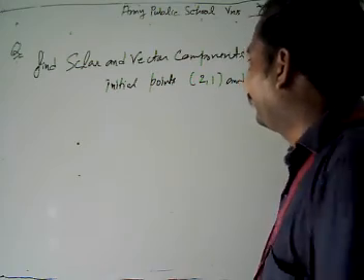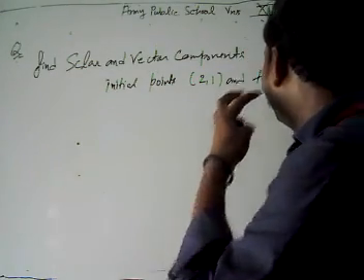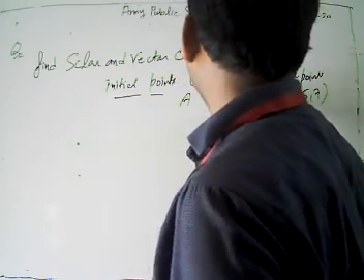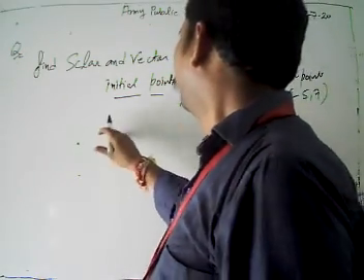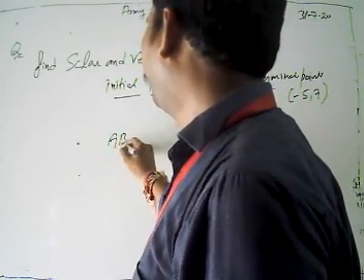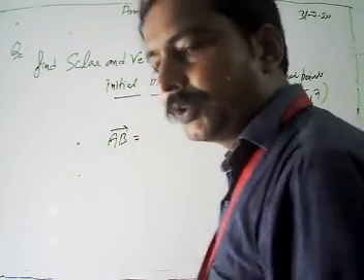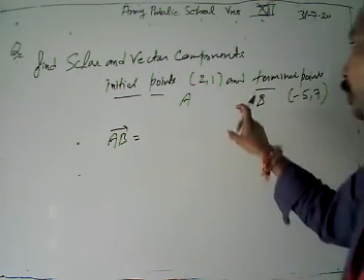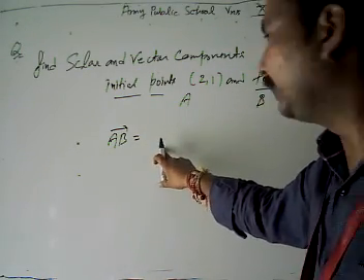Now look, suppose our initial point is A and terminal point is B. Then we are going to find the vector AB. How can we find our vector AB? Position vector of B minus position vector of A.